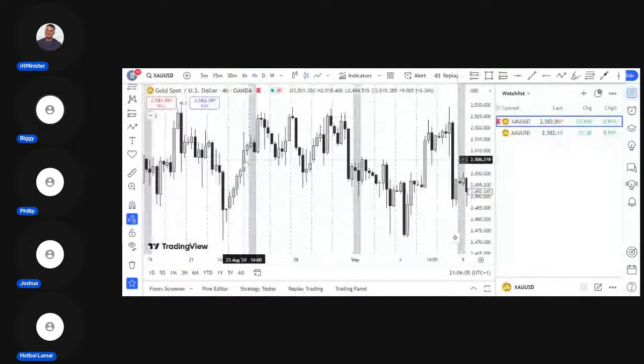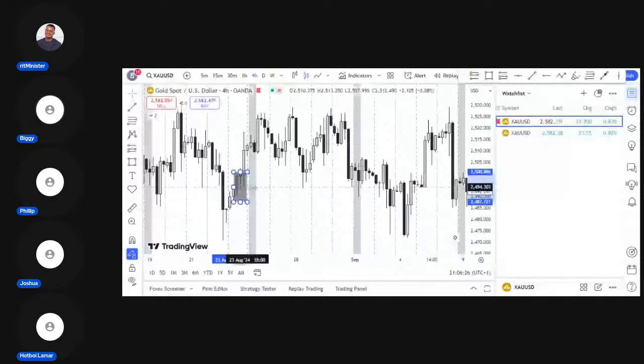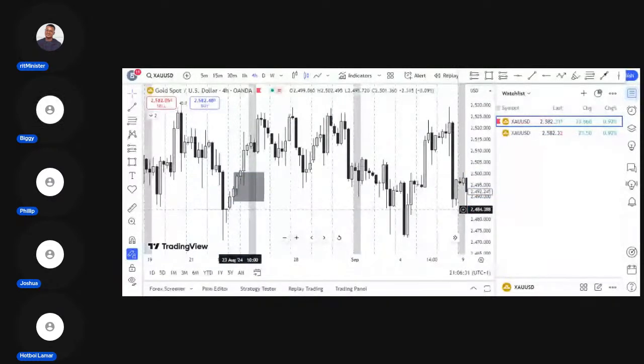If you check on Oanda, gold reacted from this particular point here, but inside this place there was no level that gold reacted from. So if you were looking to buy from a zone here on the Oanda chart, there was no level for you to have placed your buy, and you can see how gold moved up.